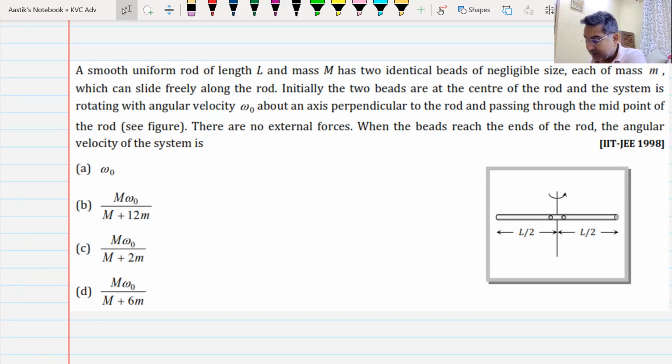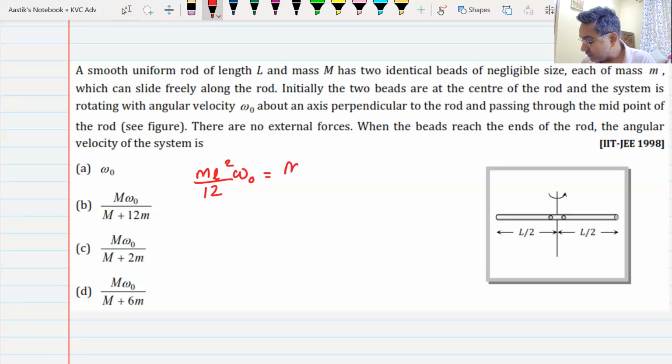Everything remains same, right? When they are at the center, the moment of inertia is ml square by 3. Yes or no? Sir, no, it is not 3, it is 12. It is rotating about the center, so it is capital ml square by 12 omega naught.